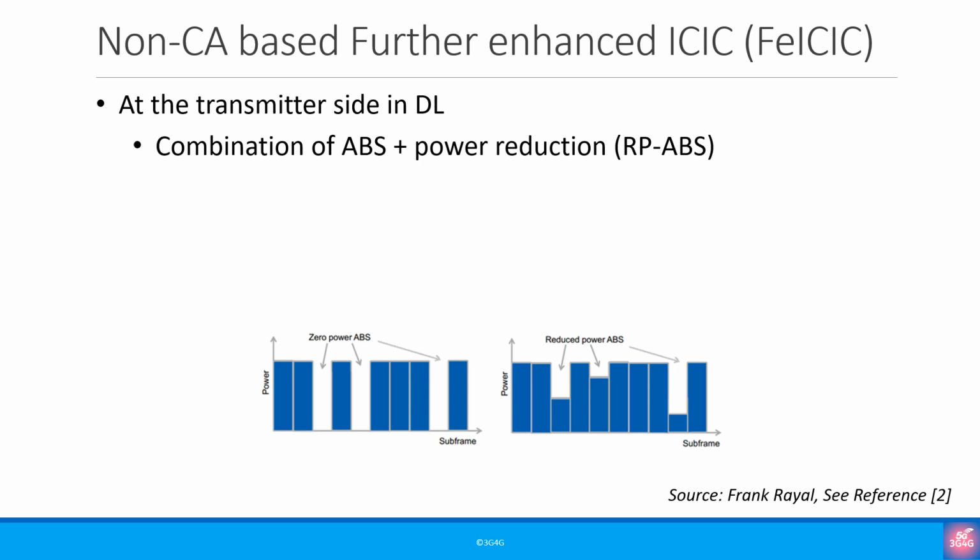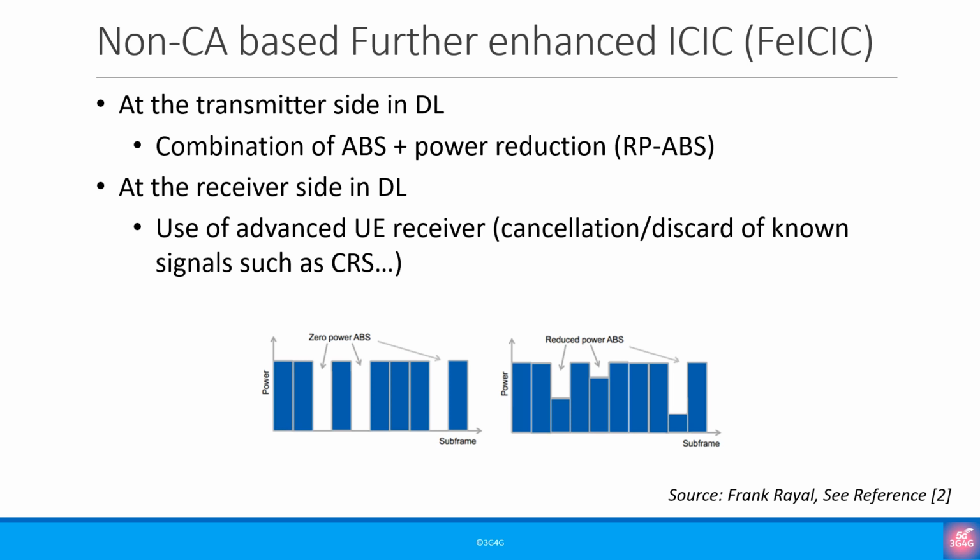While the static RP-ABS would be easier to implement, with dynamic RP-ABS, the small cell scheduler must communicate with the macro cell scheduler to exchange the amount of EICIC resource blocks and the corresponding required power reduction on each ICIC resource block. The receiver-based FeICIC approach relies on interference cancellation at the UE to eliminate the dominant CRS interference, which requires estimating the dominant interfering CRS at the receiver. Faris Al-Farhan explains this well on Frank Rayal's blog. See the second reference.